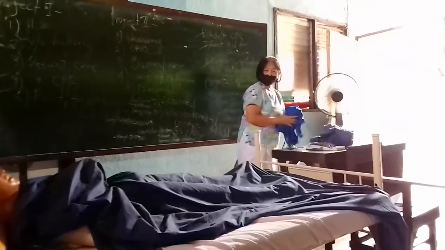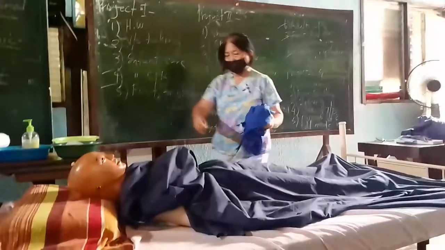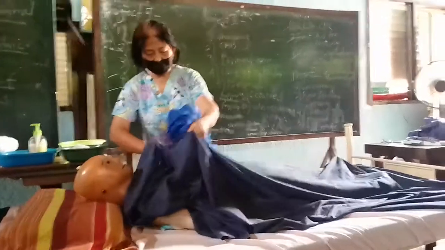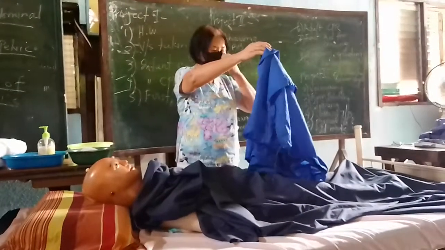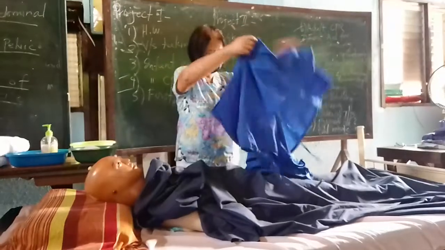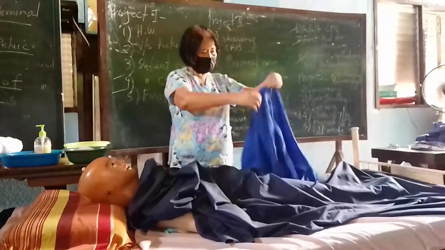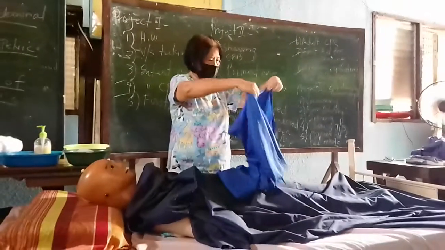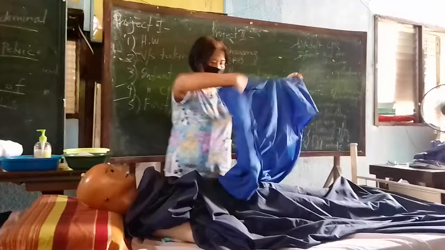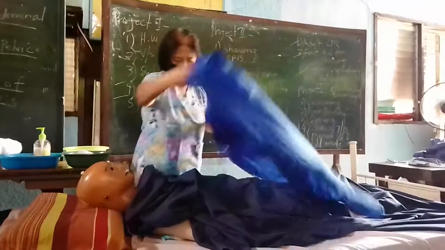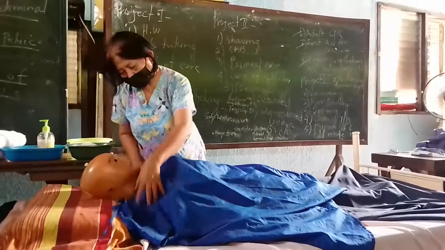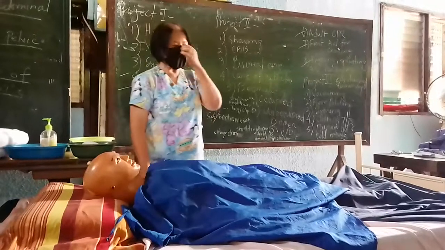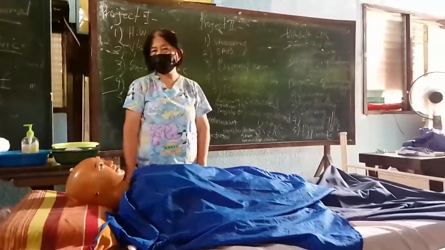This is a new gown. Put it back on the patient. Position the gown on top of the patient's body. This time, where are you going to start putting the gown, unaffected or affected?